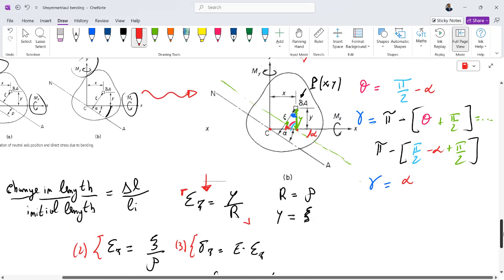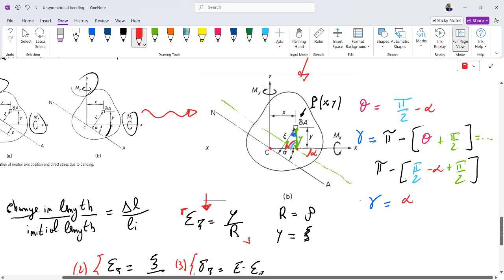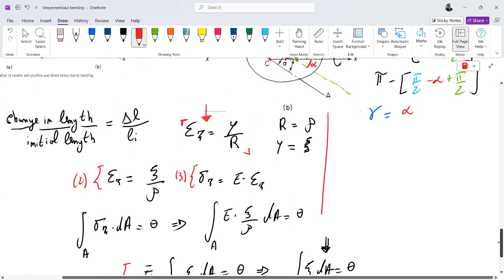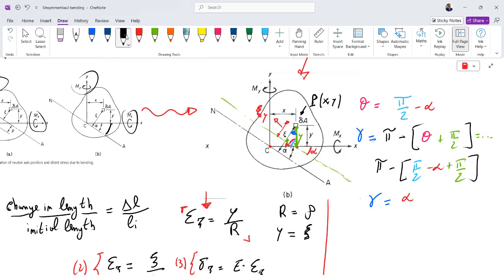So I can express this quantity here, which I call zeta y.